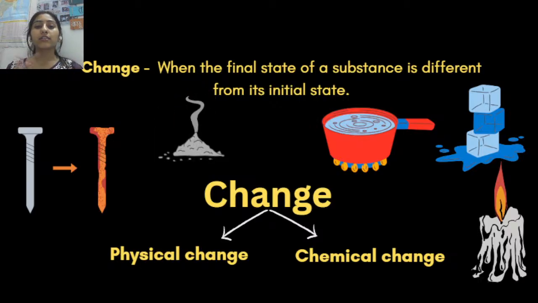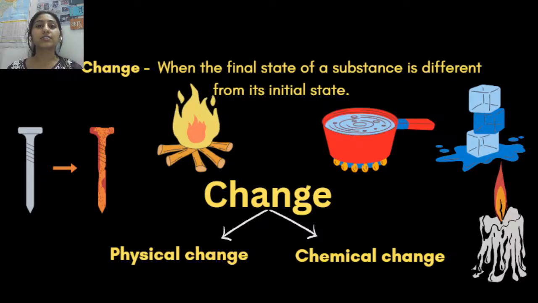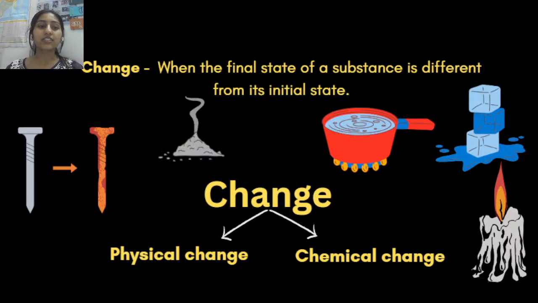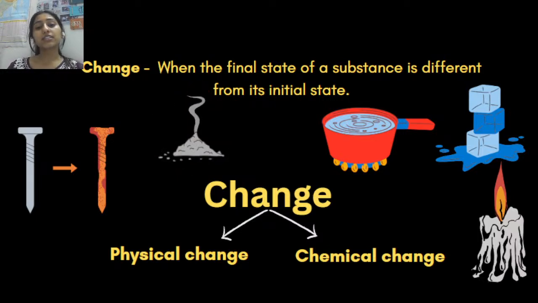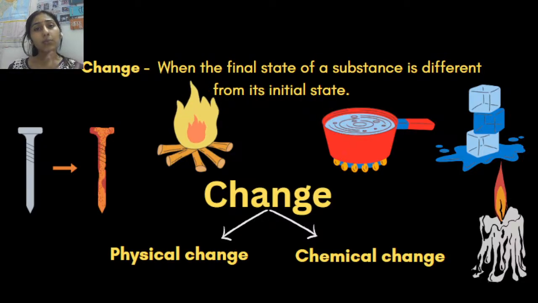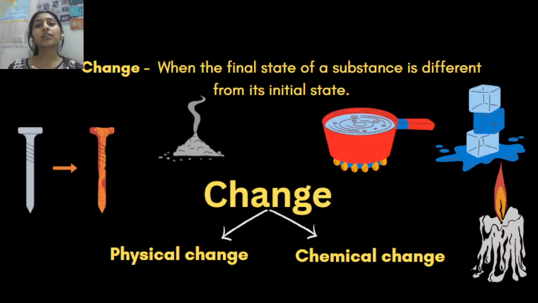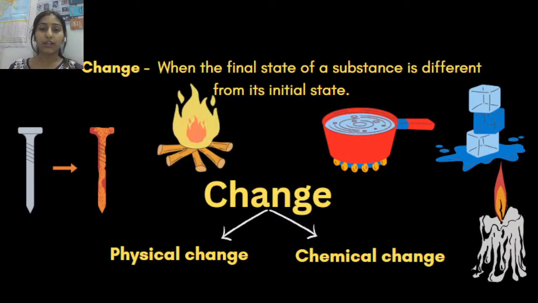So we can classify changes into two categories: physical changes and chemical changes. Physical changes are the changes which can be reversed. In physical changes, we are not undergoing any chemical modification or modification in the composition of that particular element.